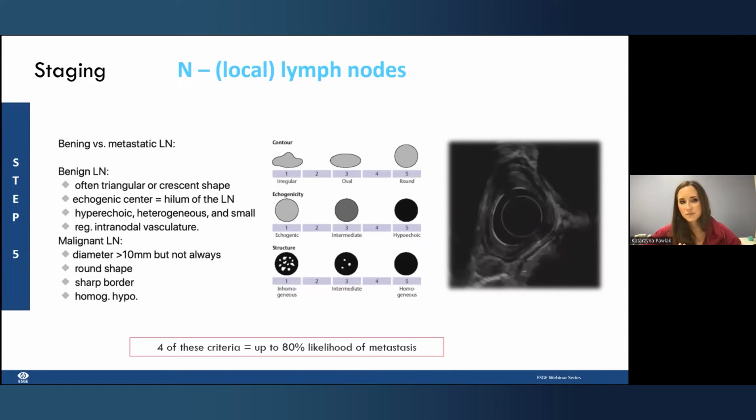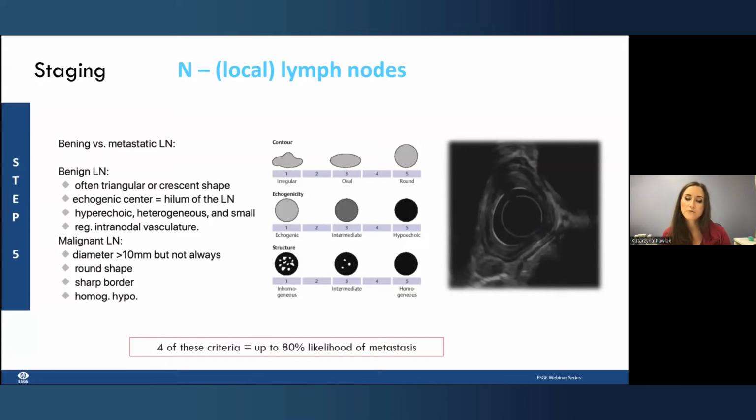So we finish with the assessment of our tumor. We know how advanced the lesion is. Now we have to go to the N features, so the local lymph nodes. Again, if we want to see what's abnormal, we have to know how normal lymph nodes look. There are mainly 4 features for malignant lymph nodes: greater than 10 millimeters in diameter in the short axis, round shape, sharp border, and homogeneous and hypoechoic.